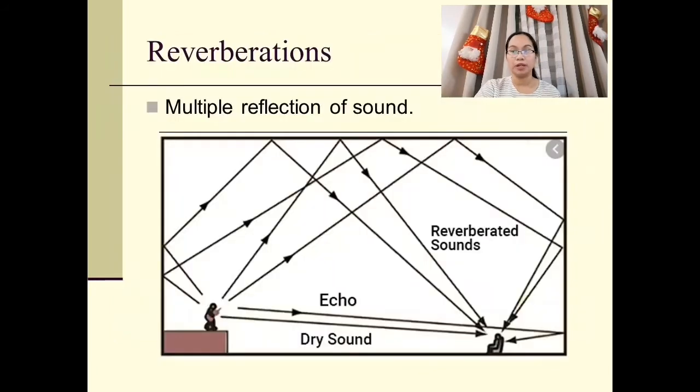So I want you to look at the next illustration. You have there the stage, and then a sound is produced, let's say by the actress, the actors, and then we have the reflector on top, and then it will bounce back. It will be redirected to the audience.